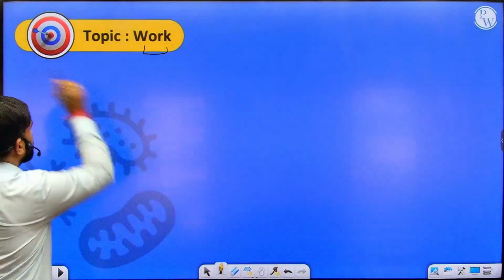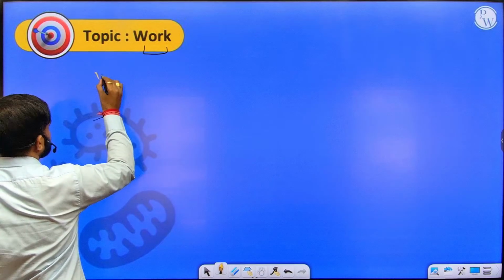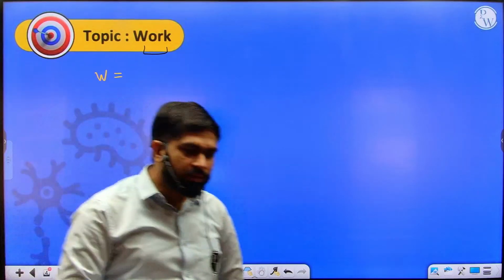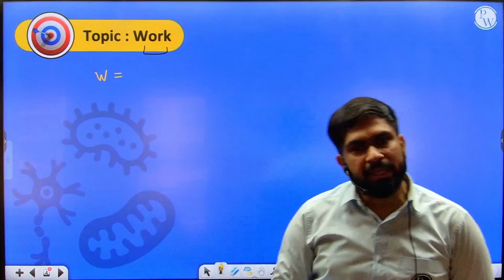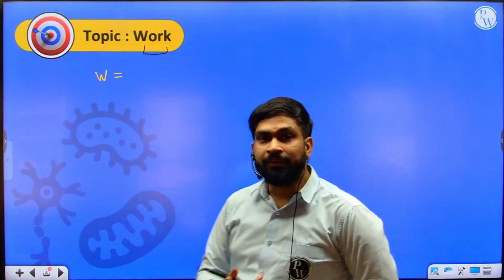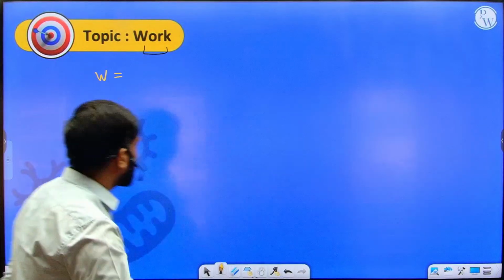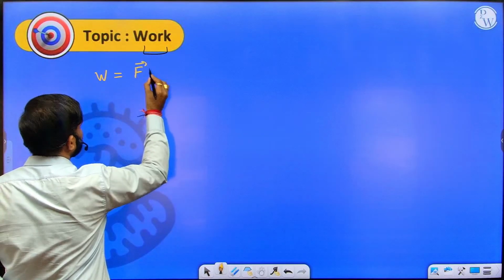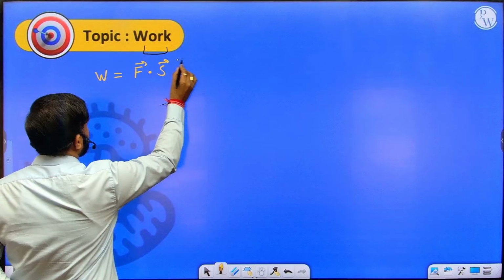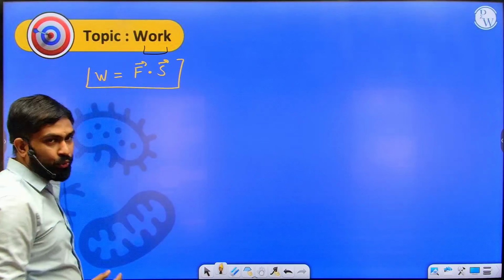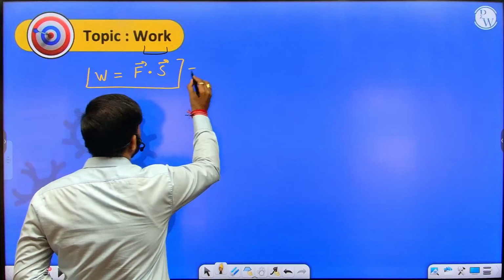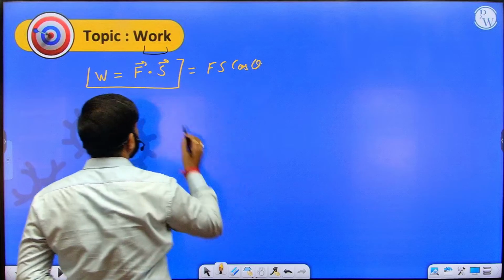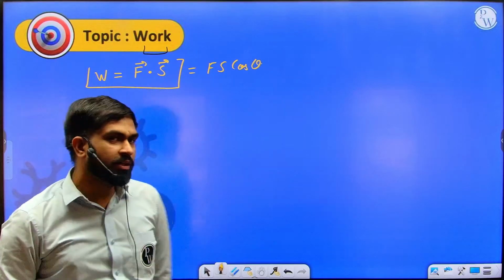So what is work done? In simpler terms, work done is the product of force and displacement. Since both of them are vector quantities, what kind of product? Work done is a scalar quantity, so the product has to be a dot product. You all know how to expand the dot product: we put cos theta, where theta is the angle between the force and the displacement.